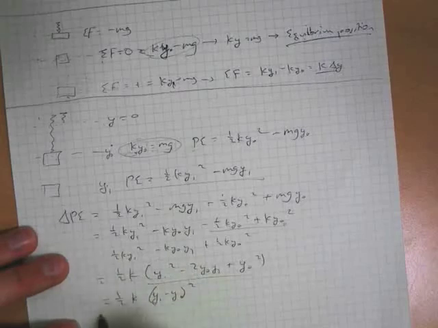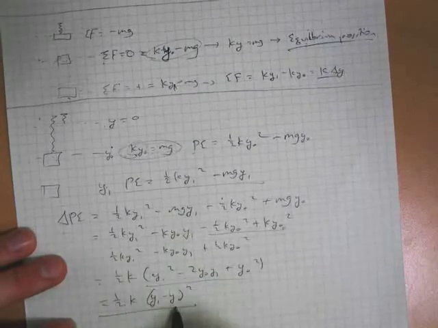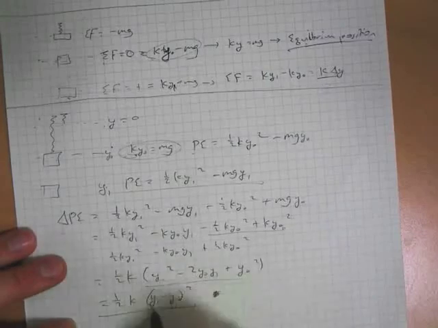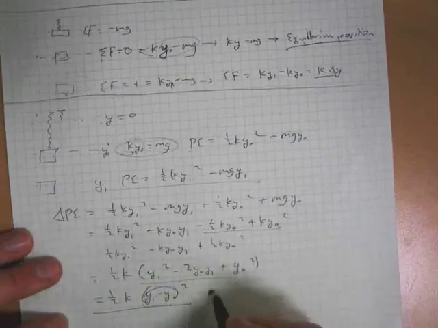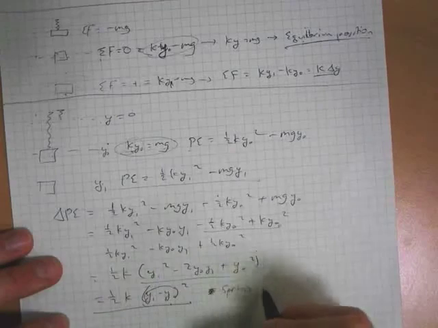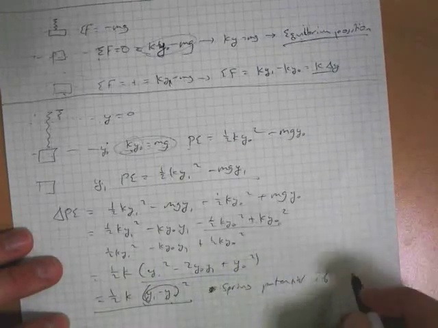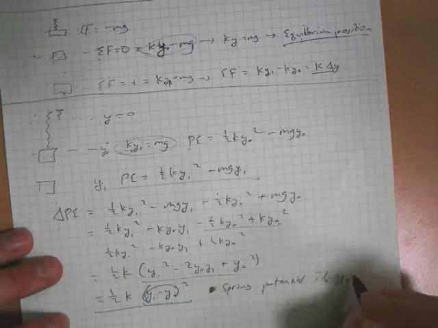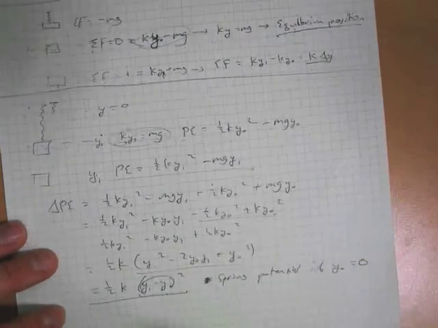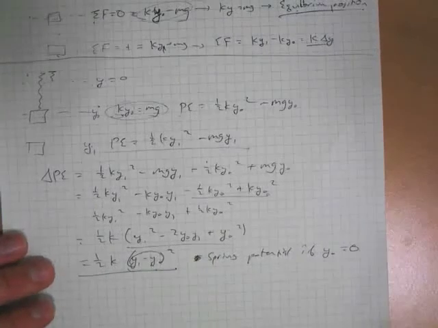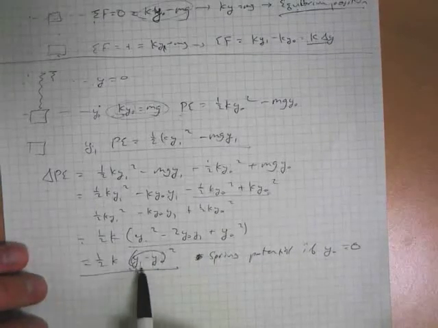And this would be exactly the spring potential if y naught was equal to our 0. So if we considered y naught to be our 0, this would just be 1/2 k y1 squared.